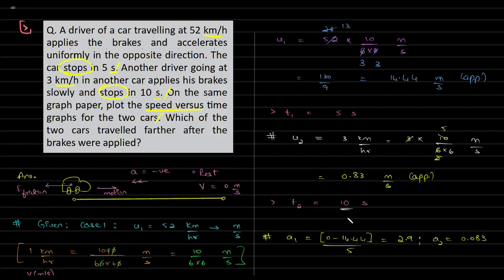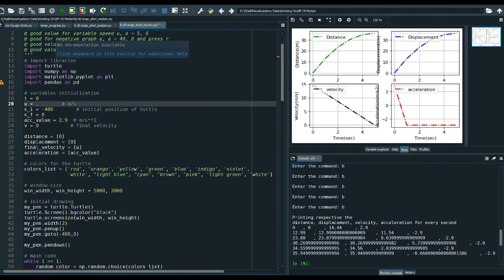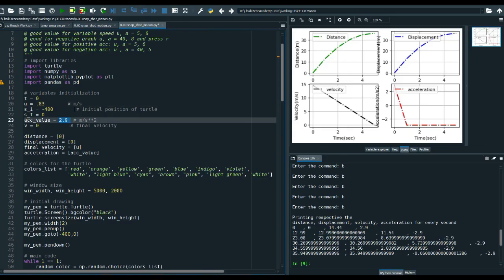So in this other case, the vehicle has a velocity of 0.83 and the acceleration is 0.83. Okay, and now let's simulate this.